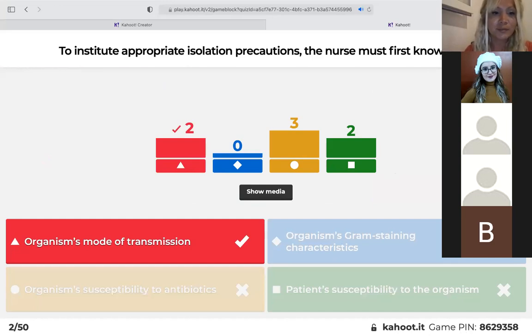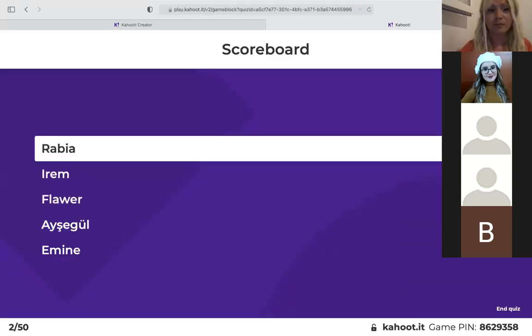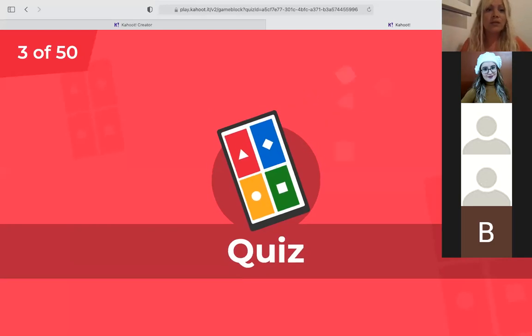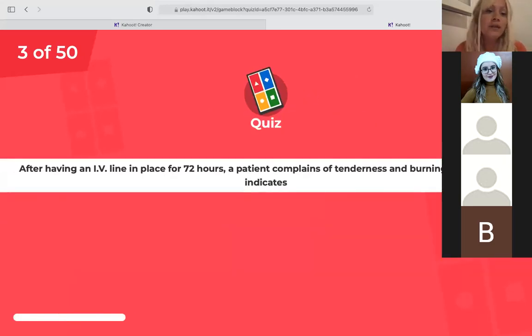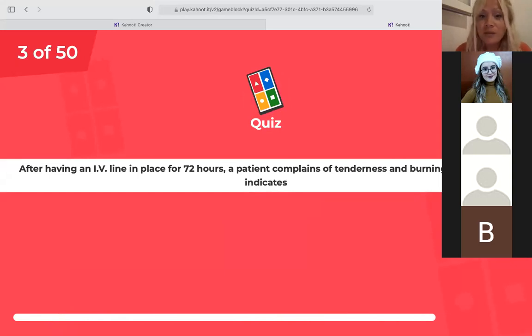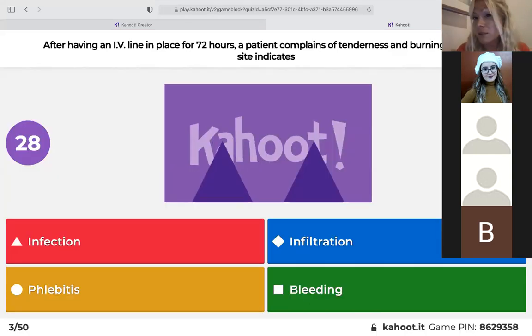Third question. After having an IV line in place for 72 hours, a patient complains of tenderness and burning. What does this IV site indicate?